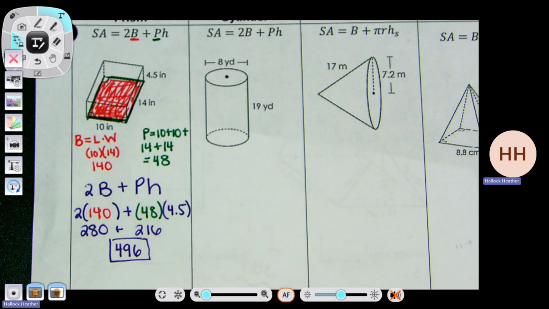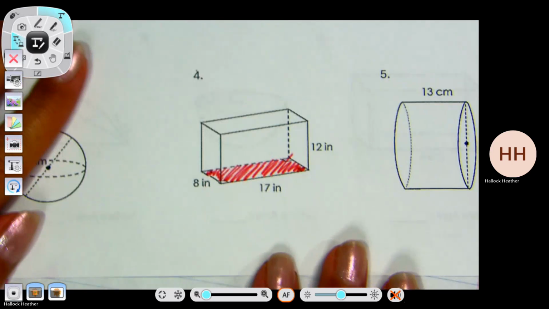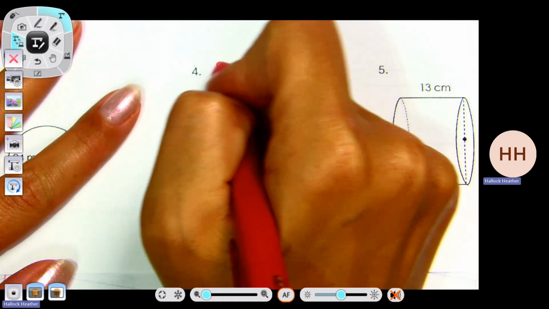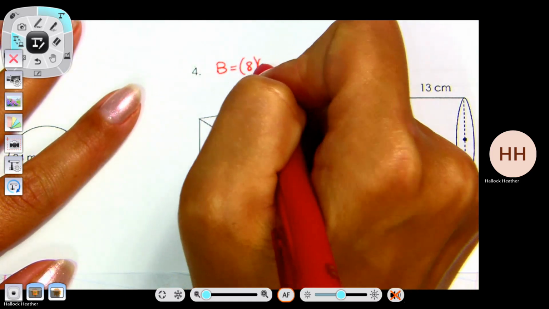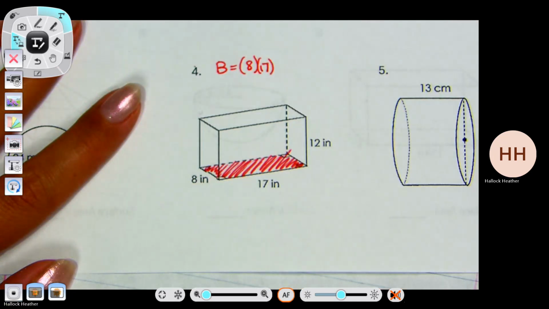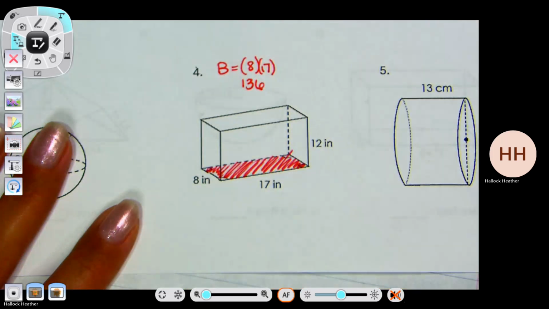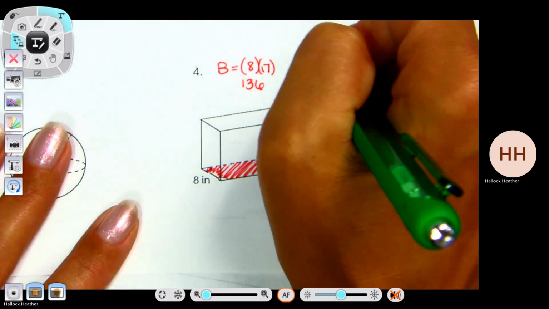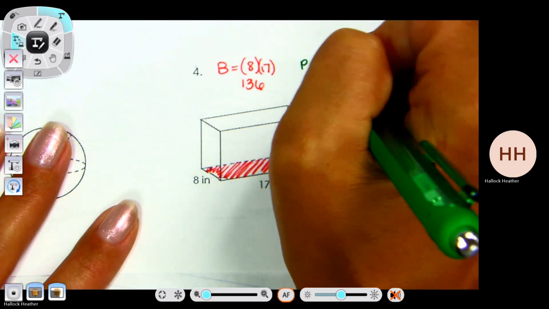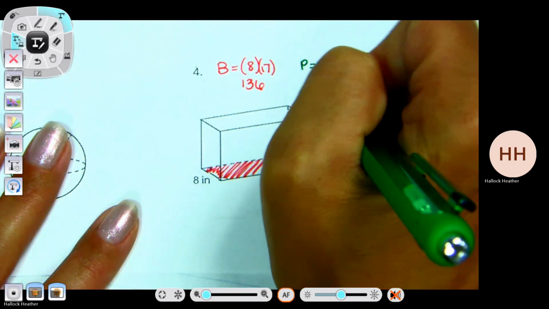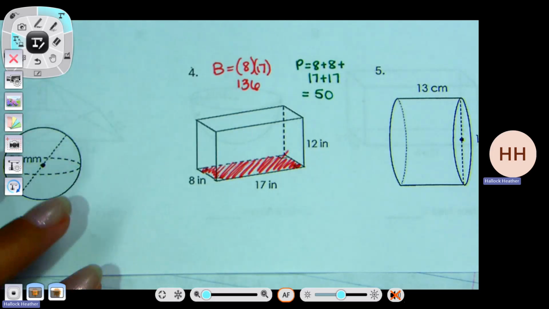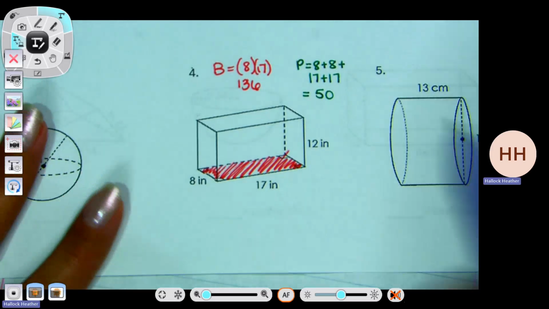You should be using 8 and 17. Right. So you should be plugging in 136 and 50 in your formula.